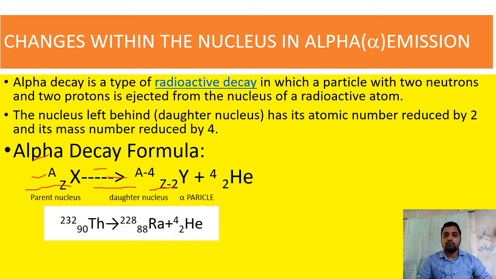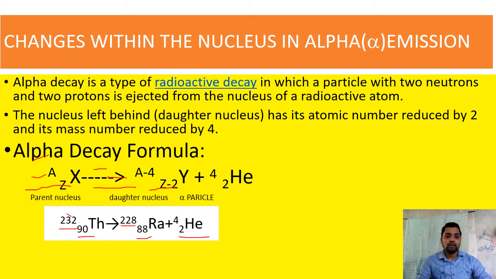Here is one example, thorium, Th. Thorium has atomic number 90 and mass number 232. After the emission of one alpha particle, you can see radium, Ra, having atomic number 88 and mass number 228.